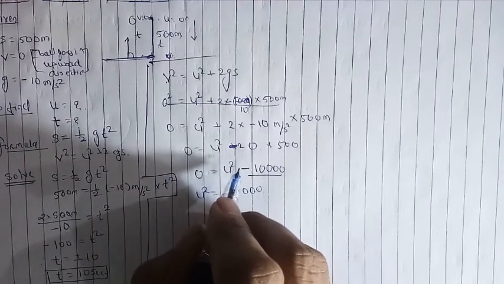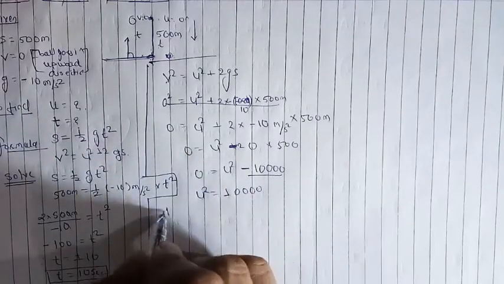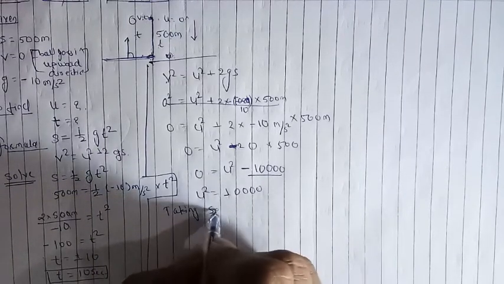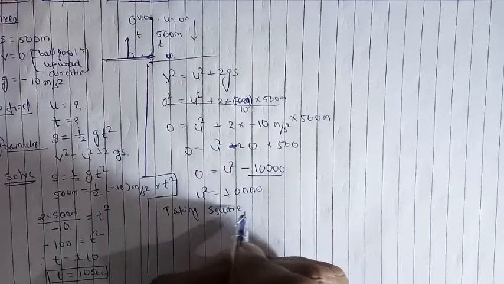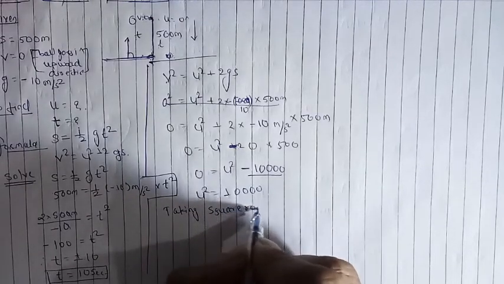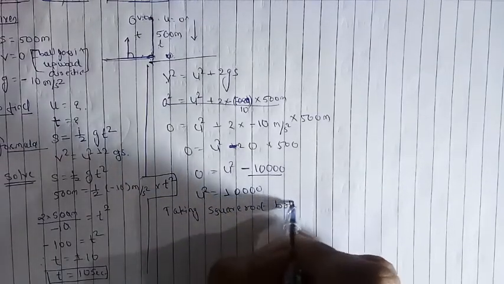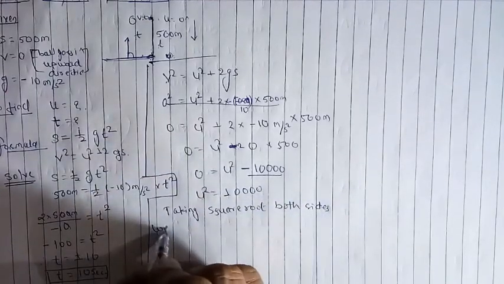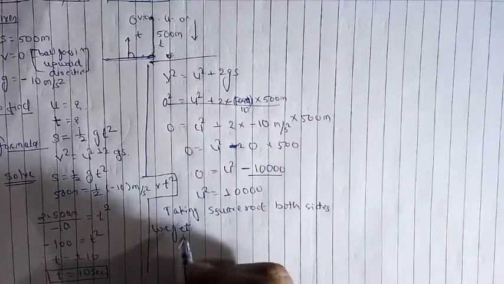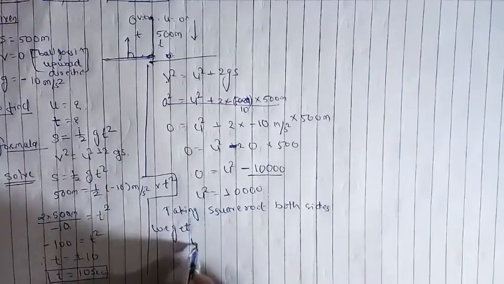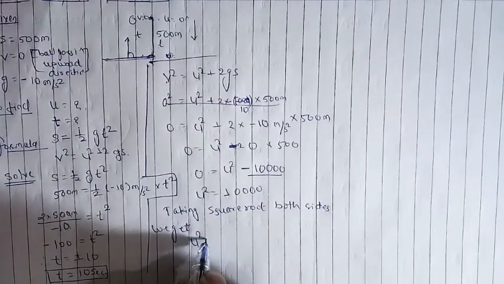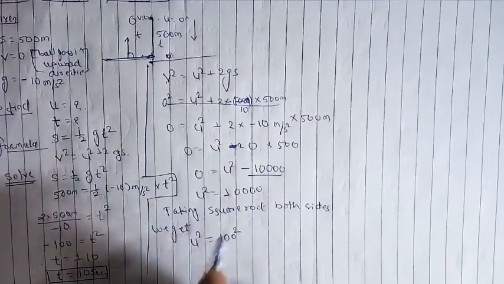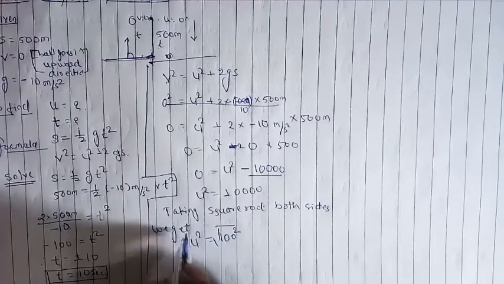Taking square root on both sides, we get u square equals 100 square, and we are taking the root.